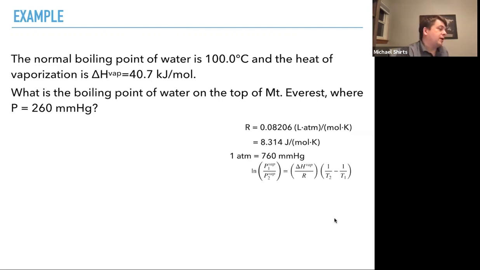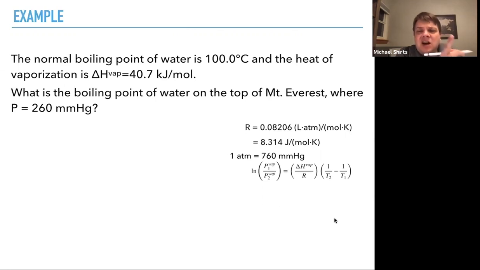millimeters of mercury? Okay, so we've got the gas constant here in both volume and energy formats, and a nice note that 1 atmosphere is 760 millimeters of mercury, and we've got the Clausius-Clapeyron equation. Let's start plugging things in. Does it matter which one is 1 and which one is 2?